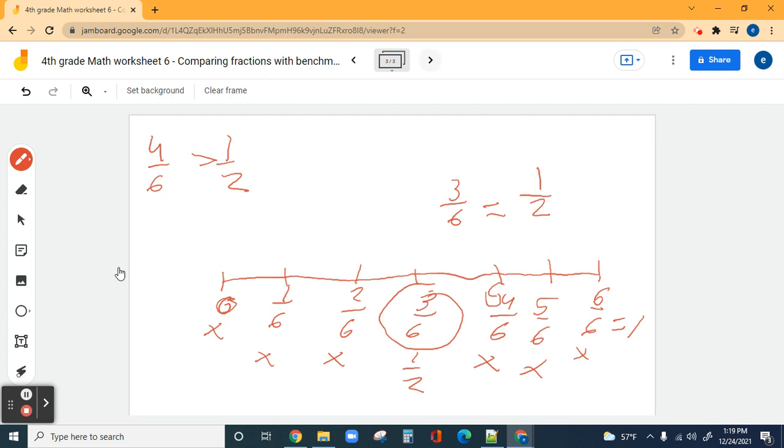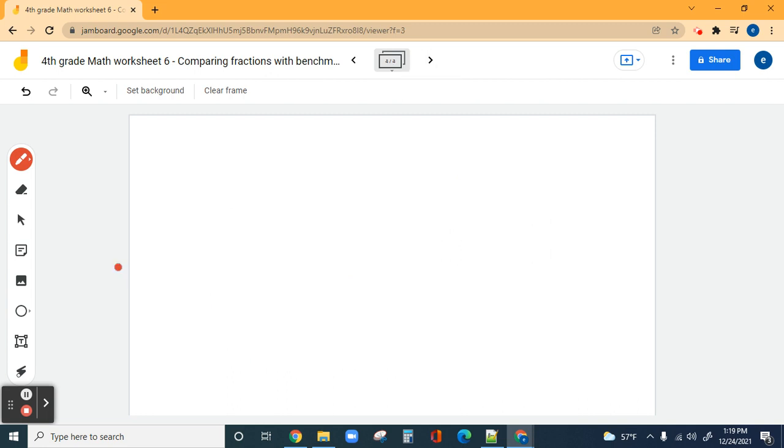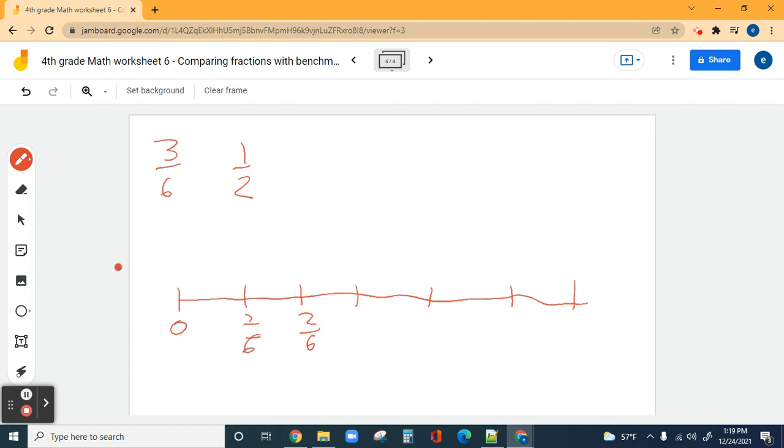Now the next one is 3 by 6 and 1 by 2. We're going to do 6 lines: 1, 2, 3, 4, 5, 6. Then 0, 1 by 6, 2 by 6, 3 by 6, 4 by 6, 5 by 6, 6 by 6, which equals 1. 3 by 6 is right here.